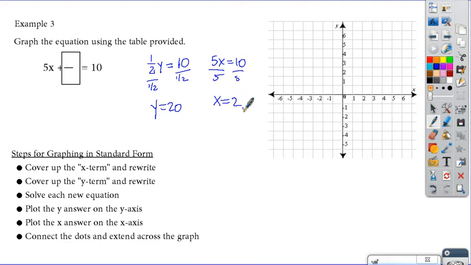Well, that one's okay. All right, but the problem here is that the y number that we found, the y-intercept, is 20, which is way, way, way off of our grid. The x-intercept ends up being 2, and that is a plottable point. I can plot the point at 2. So I need to try to come up with a way to find a different value here that I can plot.